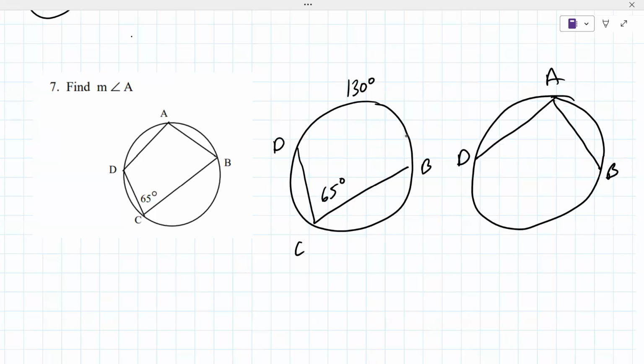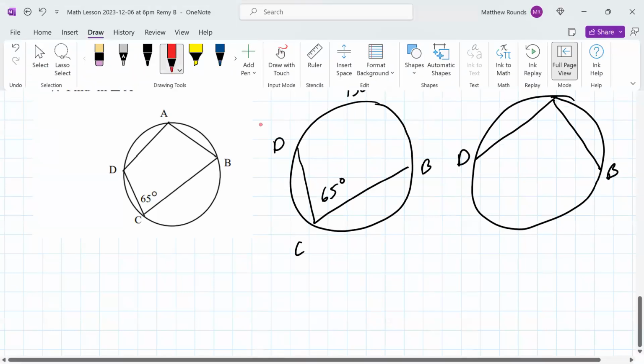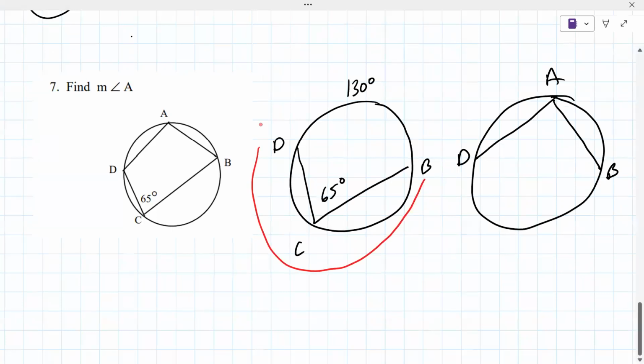Now, what is the arc from D to C to B? That would be 230. How is that useful in the circle on the right?